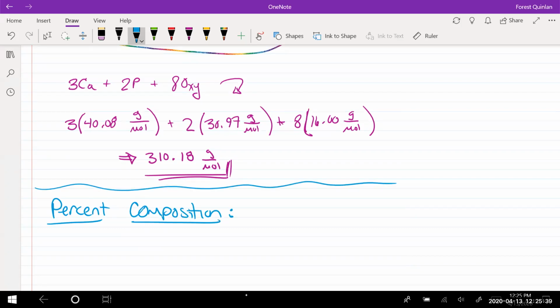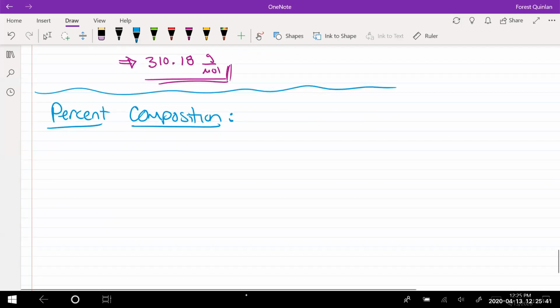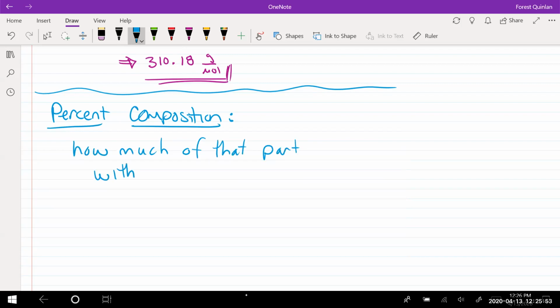Okay, so percent composition is how much of that part is within the whole. And this is always going to be done by mass, okay?